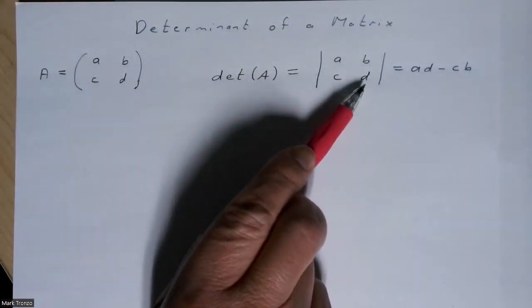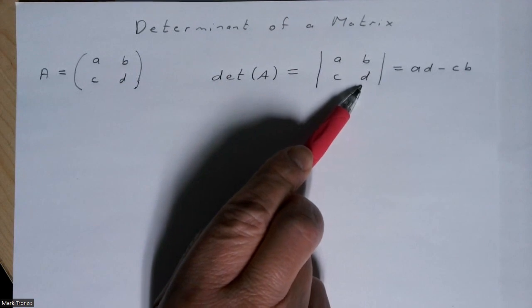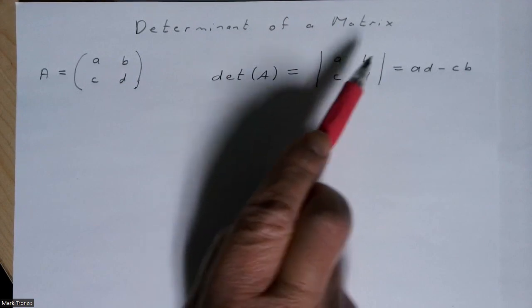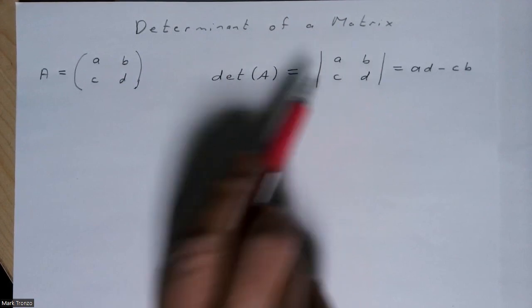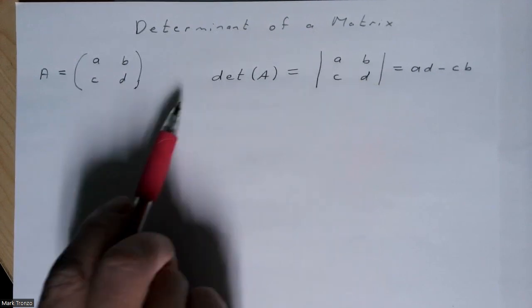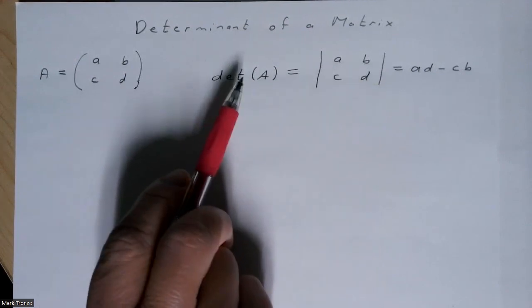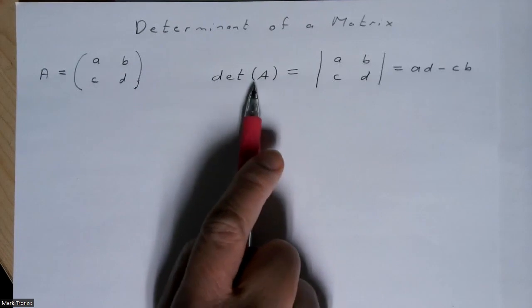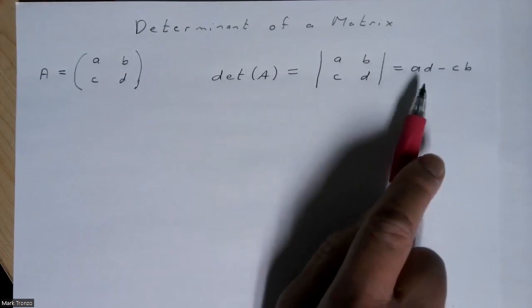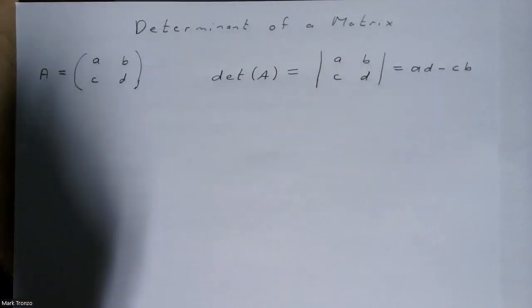It's the upper left times lower right minus the upper right times lower left. And that's the determinant. So the determinant is a function such that you put in a matrix and the output is a scalar.